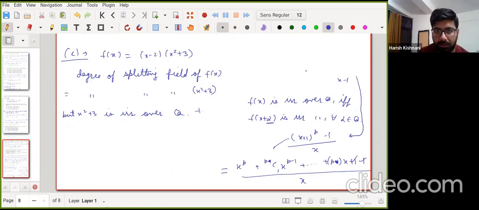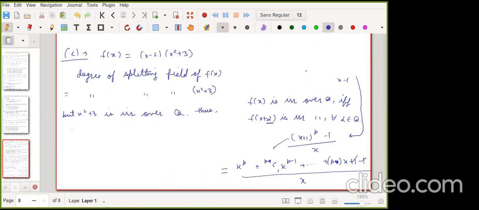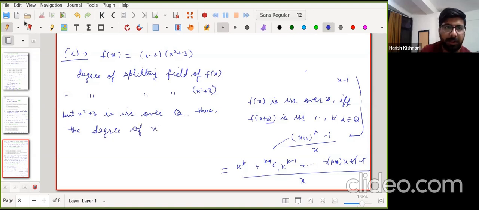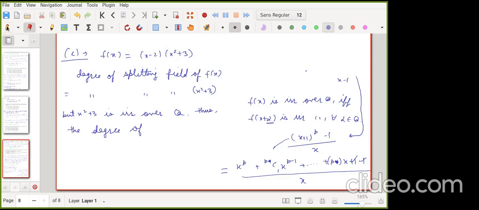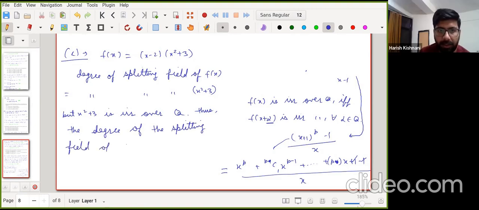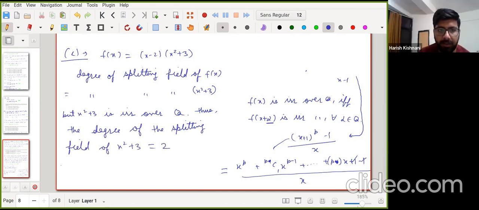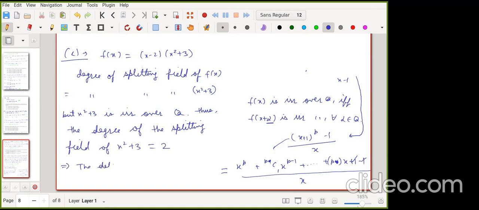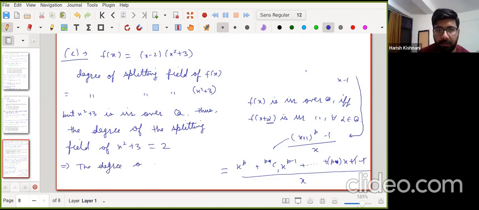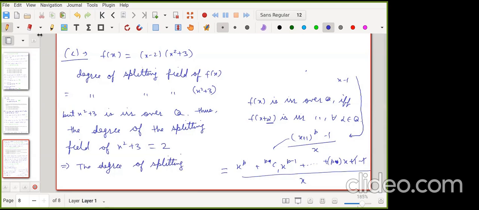Thus the degree of the splitting field of x square plus 3 is equal to 2, because once you have an irreducible polynomial, then the degree is the same as the degree of the polynomial.